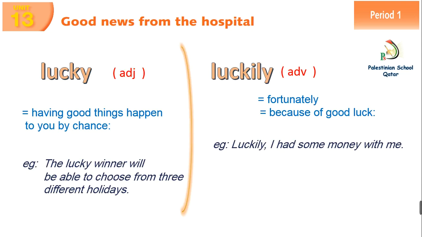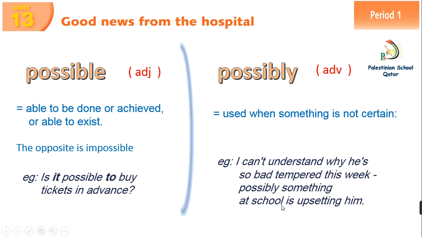Now, the word formation, we have lucky, adjective. Having good things happen to you by chance. For example, the lucky winner will be able to choose from 3 different holidays. Luckily, this is the adverb. Fortunately, because of good luck. Luckily, I had some money with me. Possible is adjective.